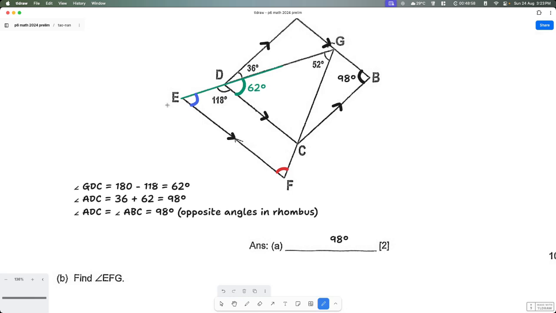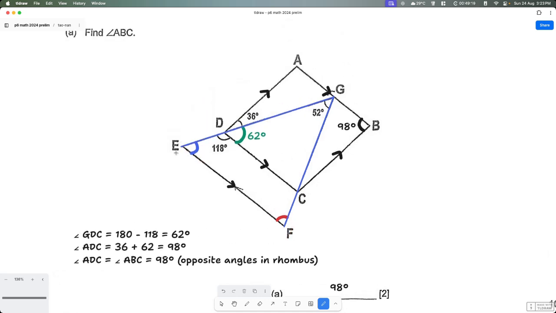If we can get this purple angle, we are able to use the triangle. So let me just make this bluish purple, and then we can use this triangle to subtract, right? So we have 180 minus 52 minus this blue angle to get this red angle that we're finding. So can we get the blue angle?